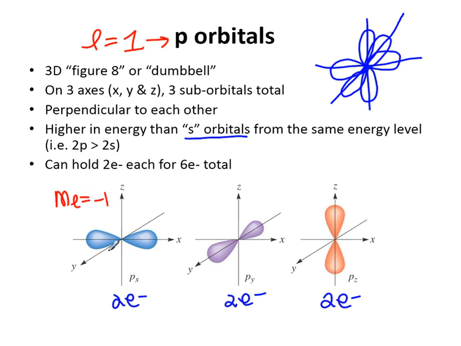ML equal to -1, ML equal to 0, and ML equal to +1. 3 different suborbitals. Each value is assigned to a specific orbital orientation. So we've got ML equal to -1, 0, and 1 for each one of those 3 p orbitals.